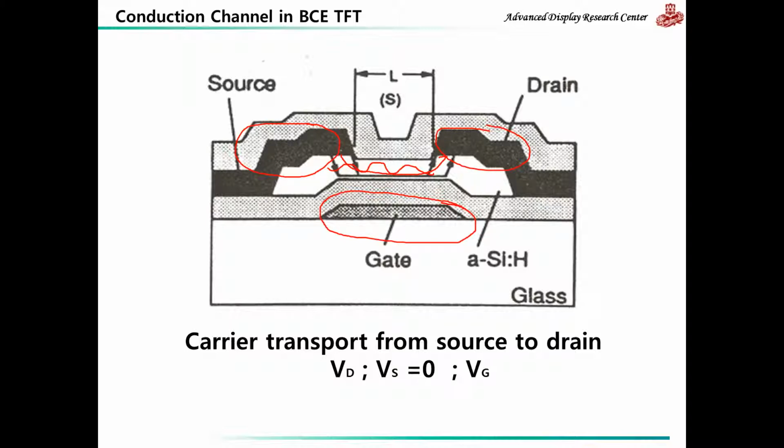So the TFT becomes a 3-terminal device where the conduction from the source to the drain can be controlled by the voltage applied to the gate. So this channel area acts as a variable resistor with respect to the applied gate voltage.